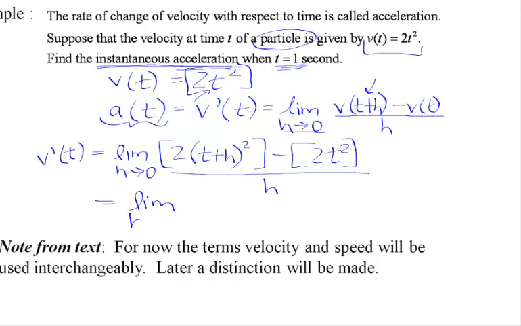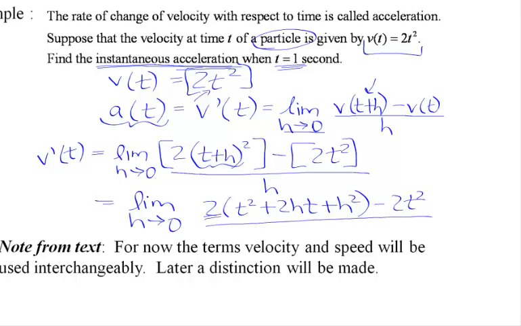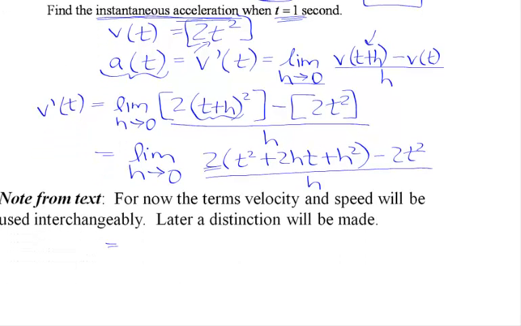So the limit as h approaches 0, I'm going to FOIL that out. That's t squared plus 2ht plus h squared. I'm not doing too many things at once. I can distribute that through quite easily in another step, and that way I don't make an algebra error. We are going to hop down here and finish evaluating this limit.